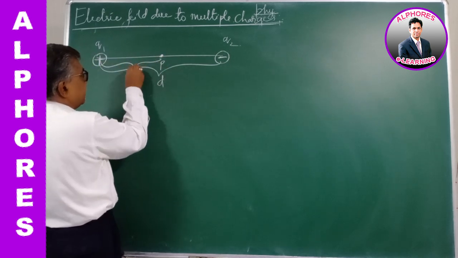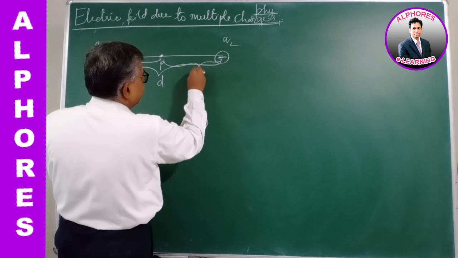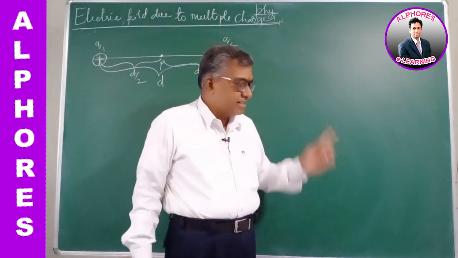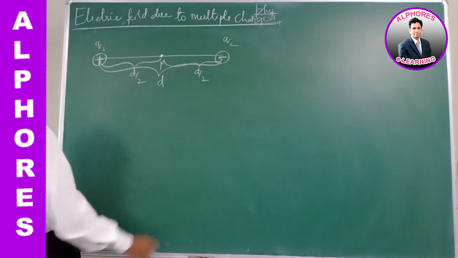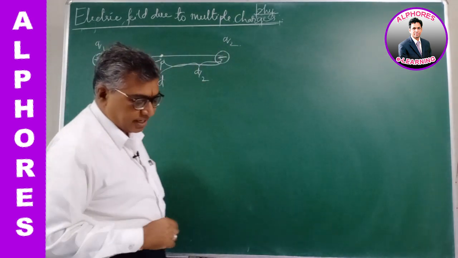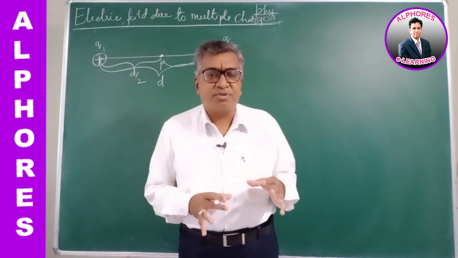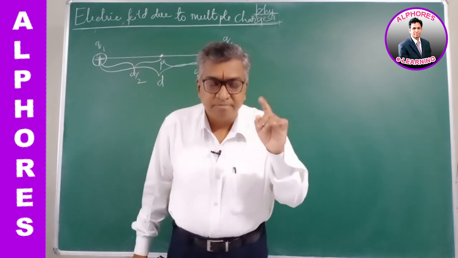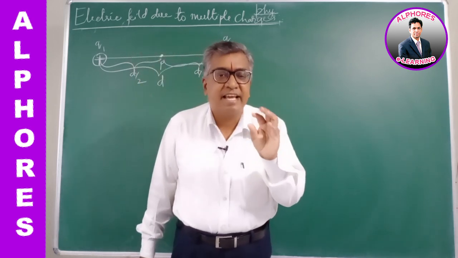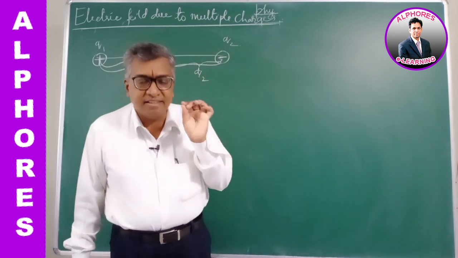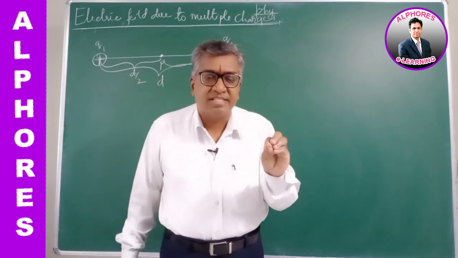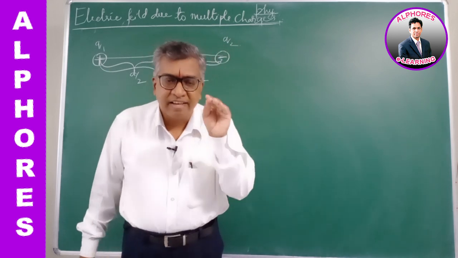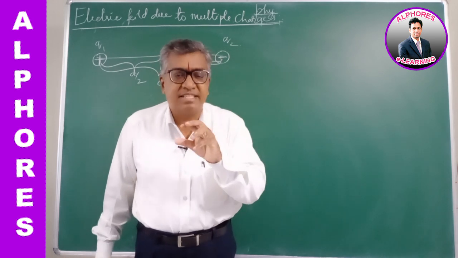Since this is the midpoint, the distance is d by 2 each. So we are asked to find the resultant electric field at the midpoint P. Let's evaluate. The first step, whenever you are asked to find the electric field due to multiple charges: consider each charge as an isolated point charge. Find the electric field due to each point charge, like E1 for the first charge, E2 for the second charge, E3 for the third charge.